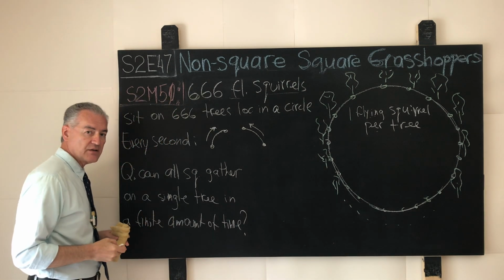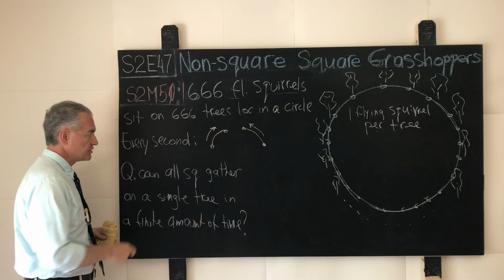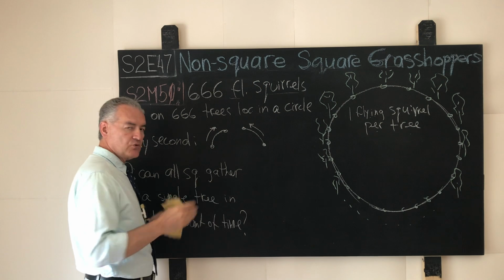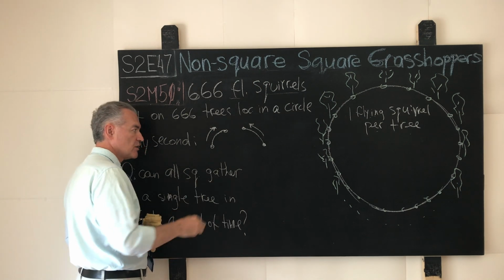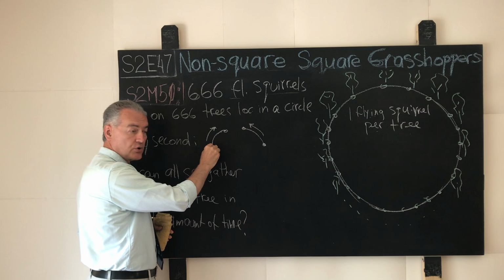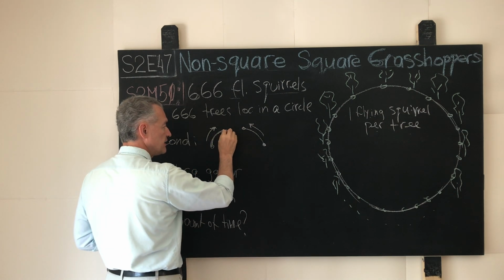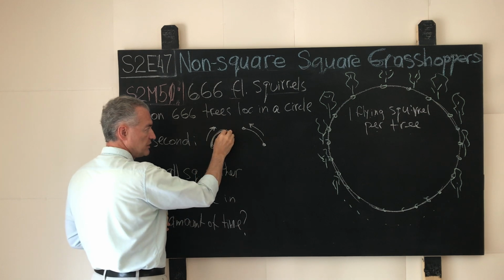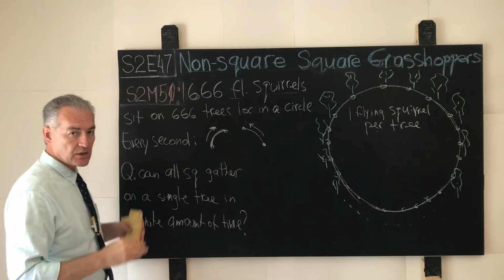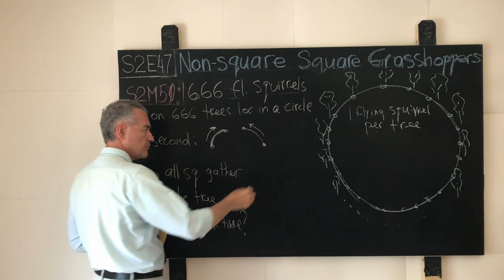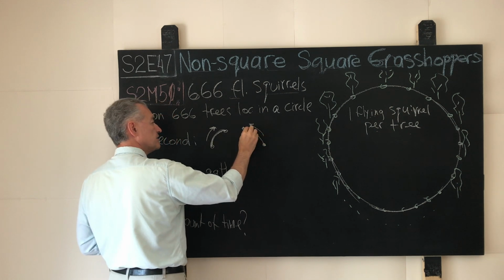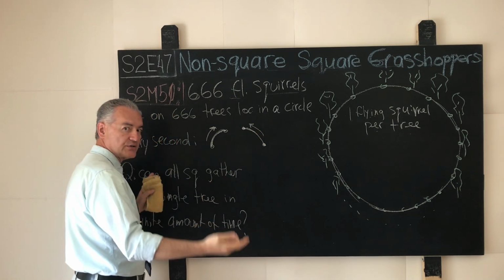This is the initial time, and then click, the timer goes, and every second the following process unfolds. Any one random flying squirrel jumps from the tree that it sits on to the immediate neighbor, clockwise, and some other random flying squirrel jumps from the tree that he or she sits on to the immediate neighboring tree, counterclockwise, in opposite directions.